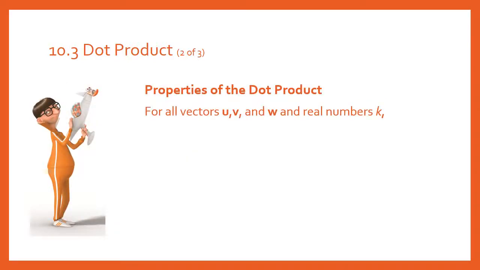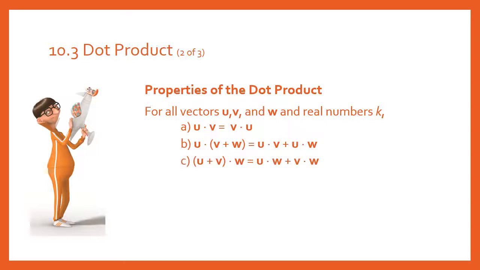Some properties. First of all, u dot v equals v dot u, so there is a commutative aspect. u dot (v plus w) is u dot v plus u dot w, so it is distributive.